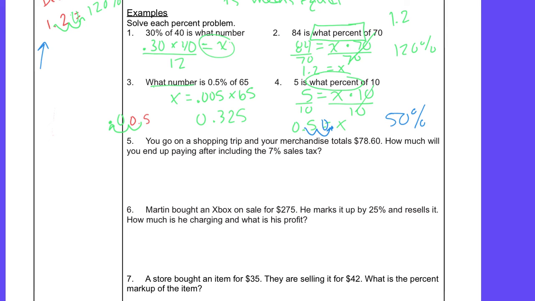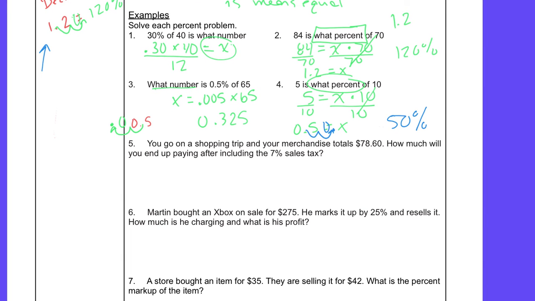I can take 78.6 and multiply it by 7%, which is 0.07 as a decimal. So I can multiply 78.60 times 0.07. I'm going to get a small number.